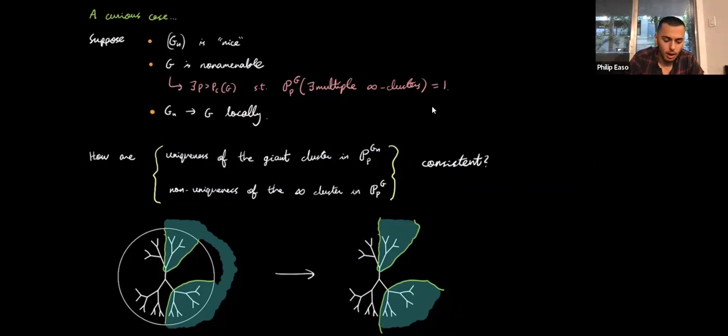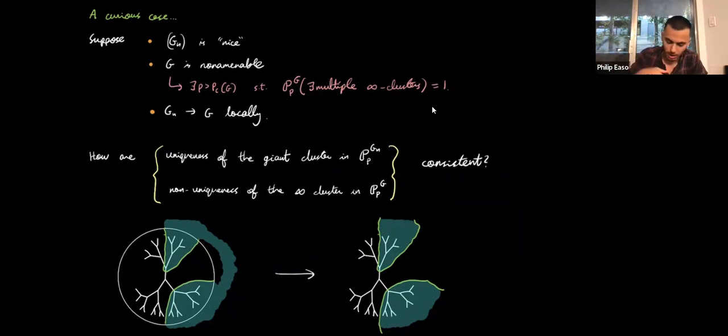But then our result tells you that the supercritical giant cluster along the sequence is always unique, and its density should converge to the infinite cluster density in the limit. So how are the uniqueness of the giant cluster along the sequence and the non-uniqueness of the infinite cluster in the limit consistent with each other? It seems to me initially that this would be in tension, because the densities converge to each other.